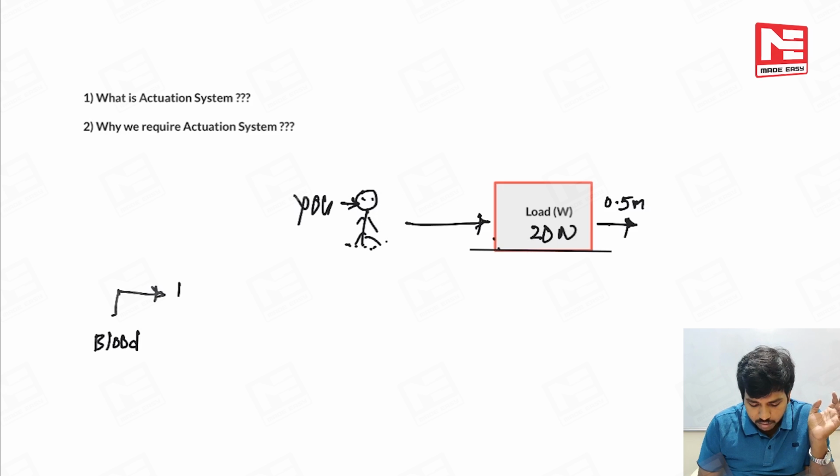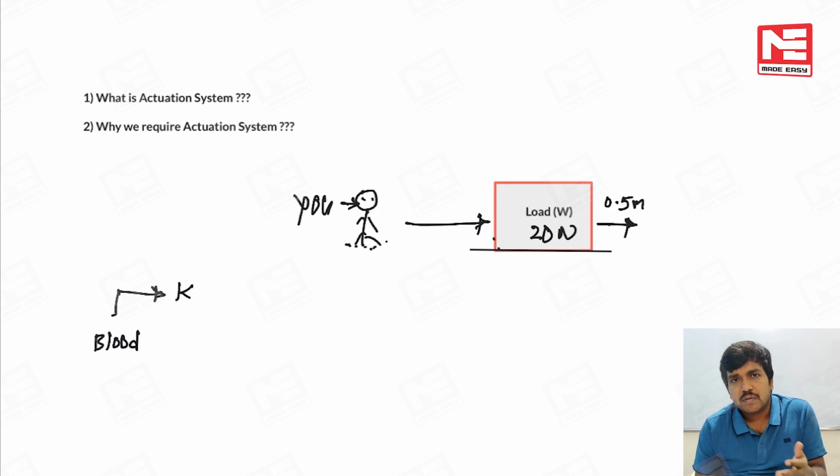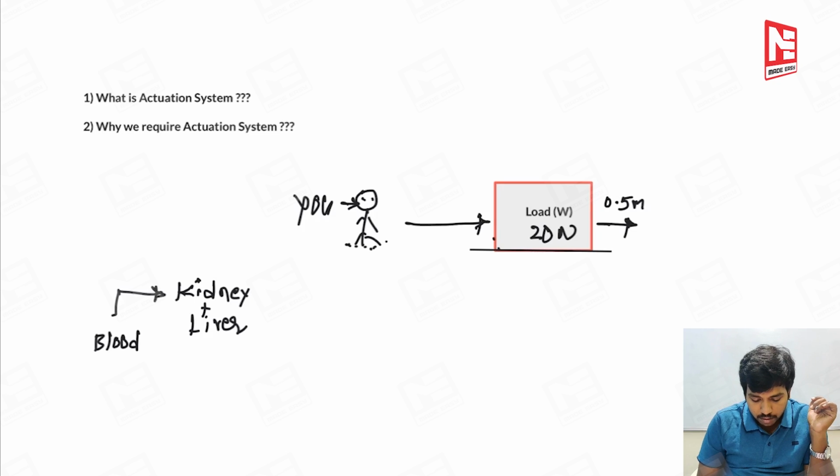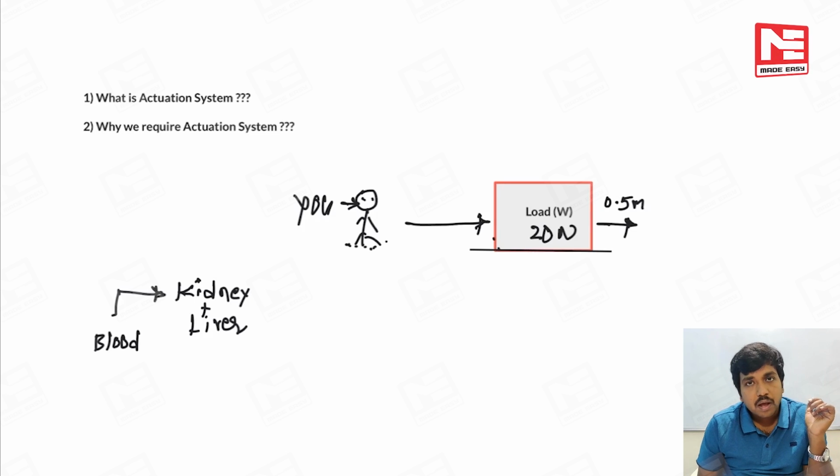Of course, at different stages, different organs purify the blood, right? In the first case, you can consider the kidney, and in most situations the liver also. So the blood will go to these organs first, and it gets purified.